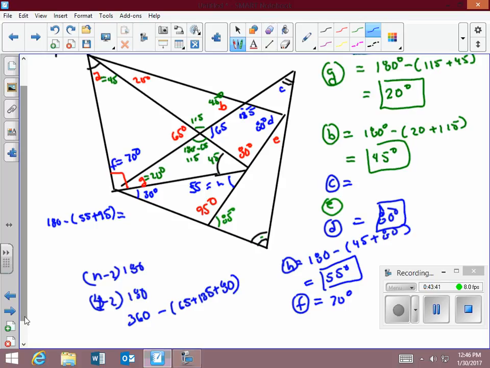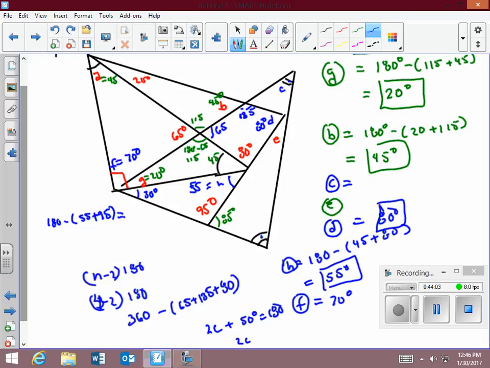So you're taking this to get C: 180 minus 2 times C, plus 50 degrees, has to equal 180, exactly, because these two are the same. 2 times C plus 50.